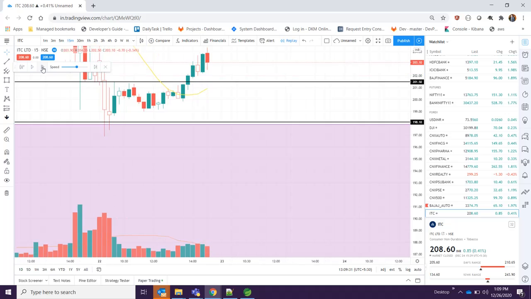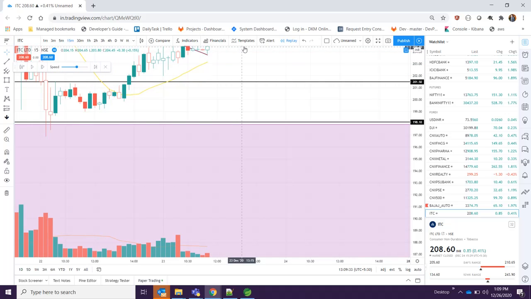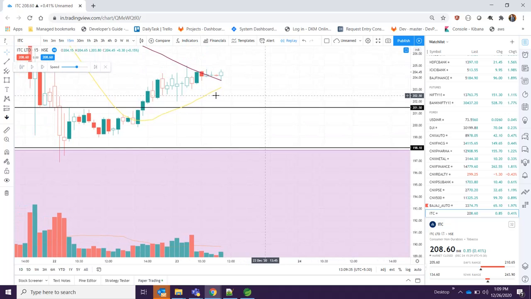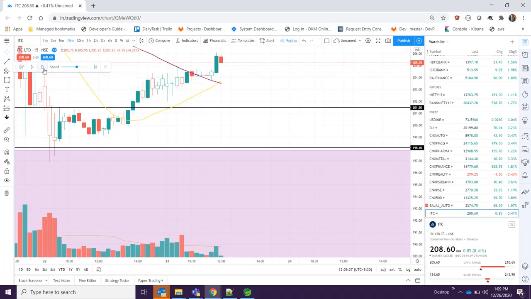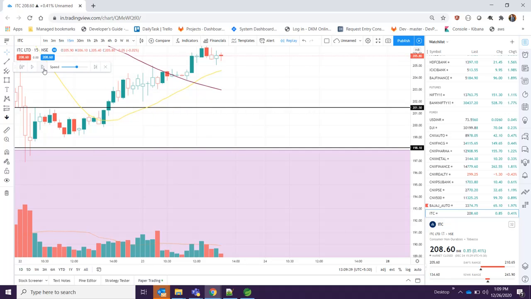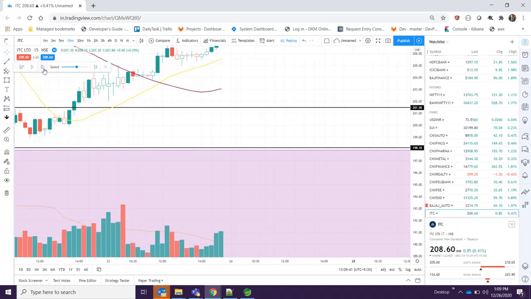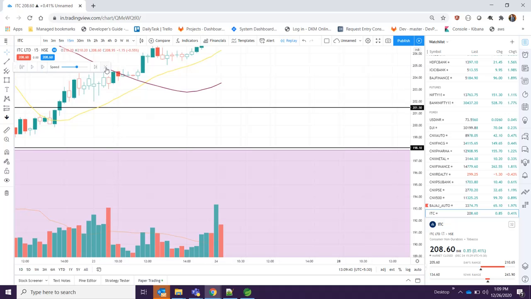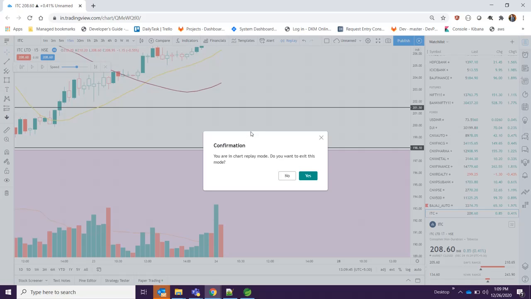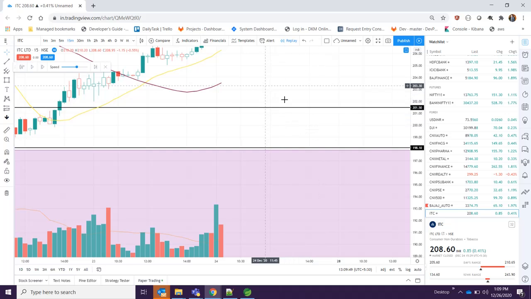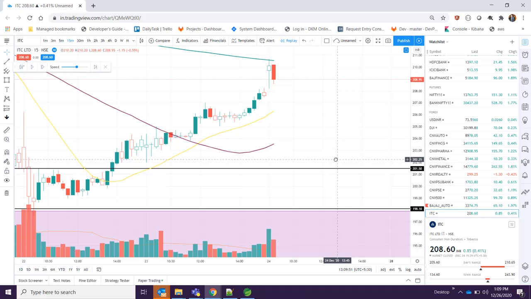You can see there was good buying pressure after this area, and you can easily achieve your targets. So friends, this is how you trade demand and supply, and this is how you trade the multi time frame analysis. Let me show you how you can trade a similar thing on an index.